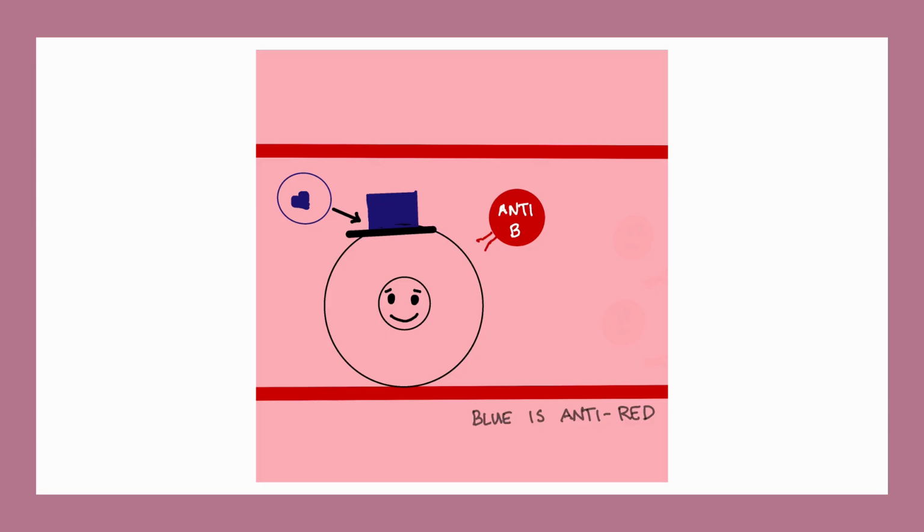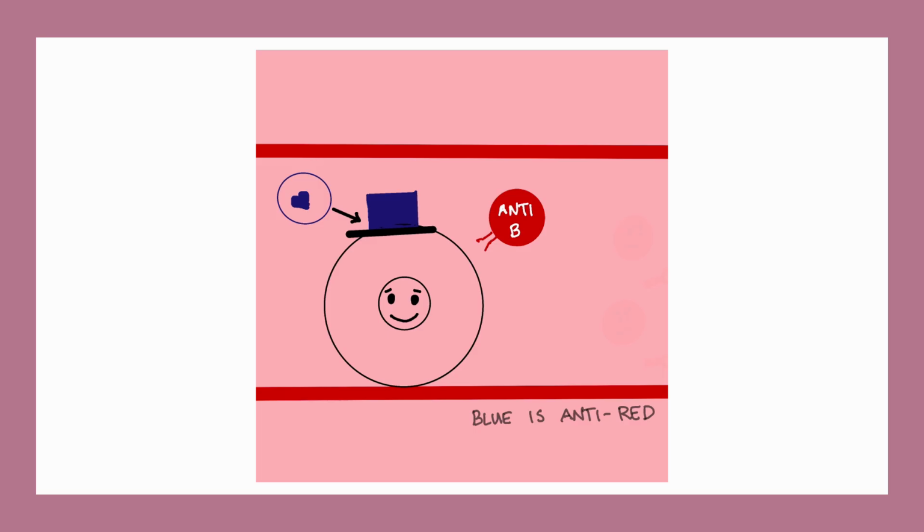Now let's consider someone who is type A. I'm type A, perhaps it's me. My immune system knows the type A antigen is ours. But since we are not type B, the immune system will make antibodies to type B. And again, remember, these are pre-existent.